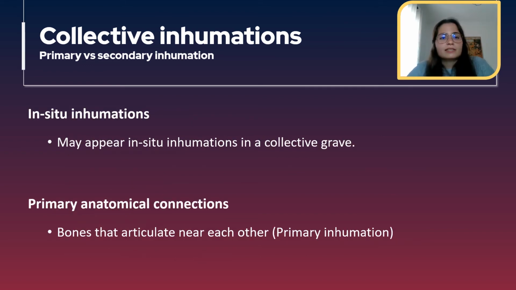Also, in the case of collective burials, in situ inhumations may appear, and in these cases we note that it's a primary inhumation. Another way is by looking at the primary anatomical connections. If the bones that are supposed to be articulating are near each other and are articulating, it's a good indicator that it's a primary inhumation.